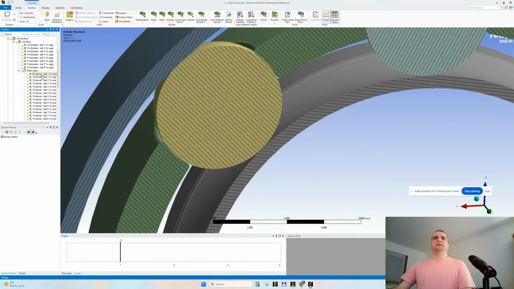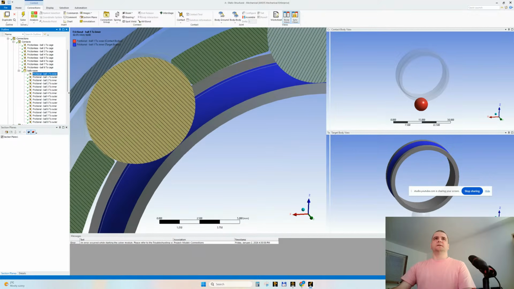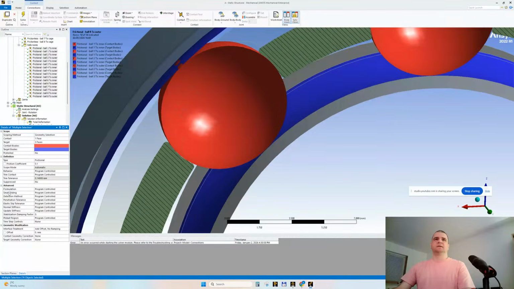Maybe a very easy workaround is to make here just a touch. Let's see if it forces a touching of the mating faces. If not, we're going to go for the pinball region. But let's see at this moment.